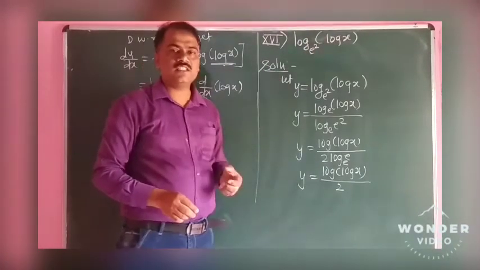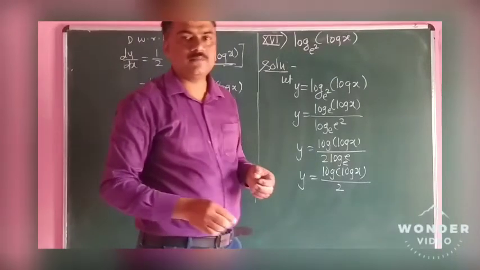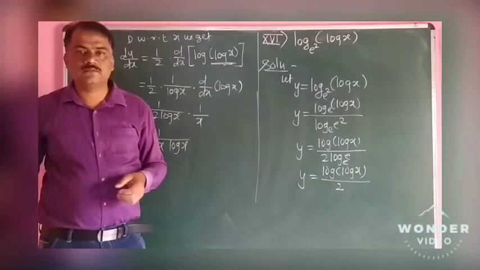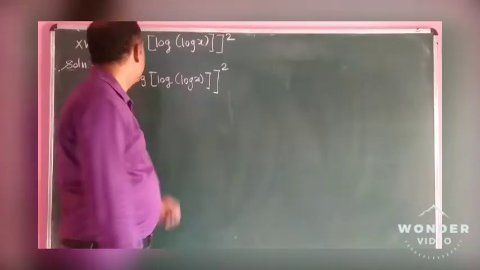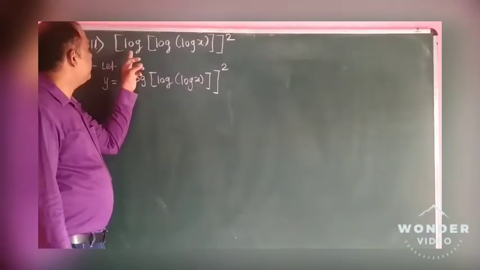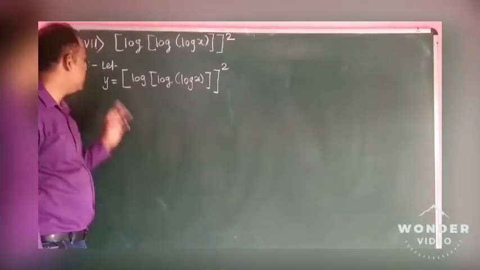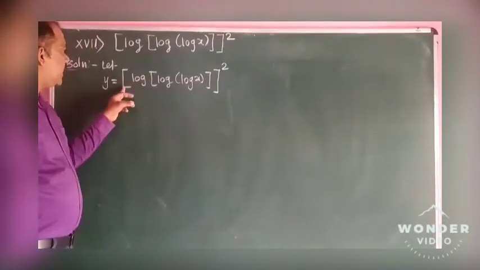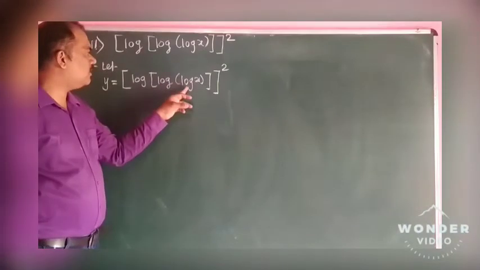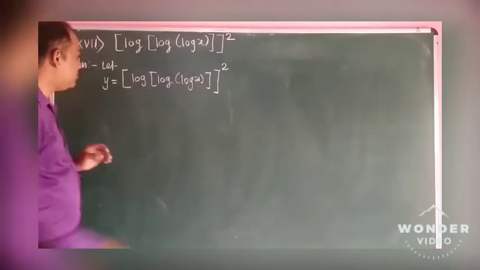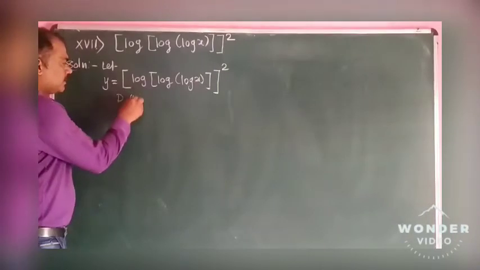Now we have to discuss the next example. Example number 17: bracket log x bracket square. Let y is equal to bracket log x bracket square. We have to differentiate with respect to x.